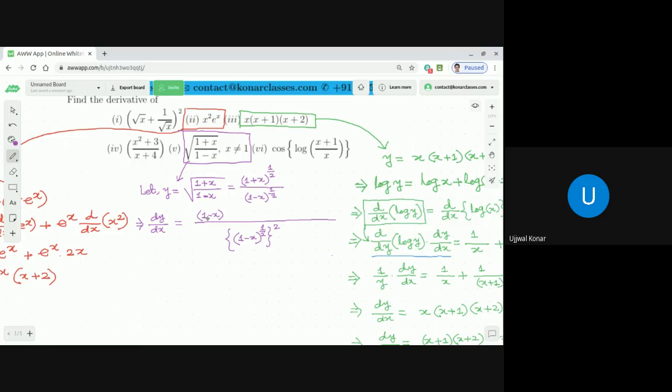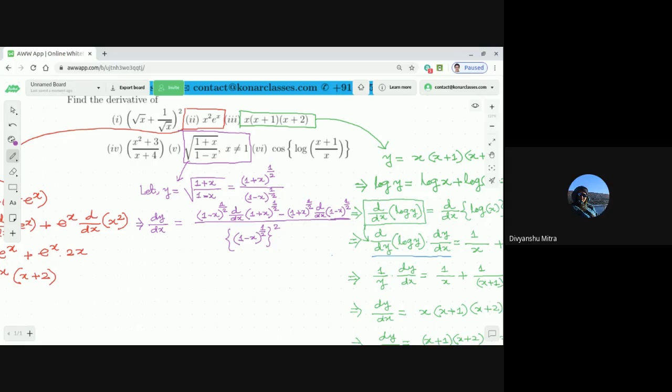Dear Divansu, if you have any question, never hesitate to ask me, because you got a different answer. Minus (1 plus x) power 1 by 2 into d/dx of (1 minus x) power 1 by 2. All of you agree with me?